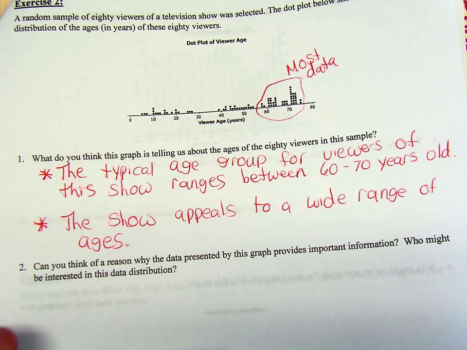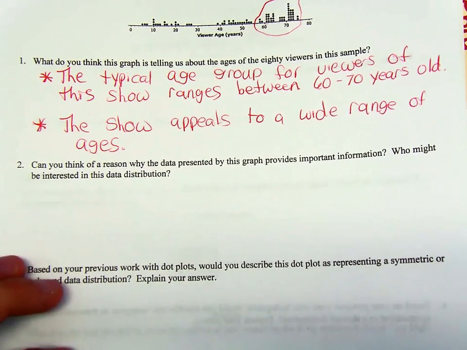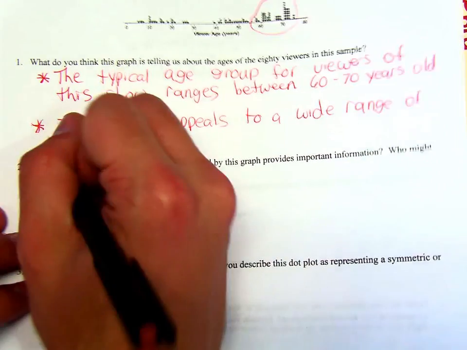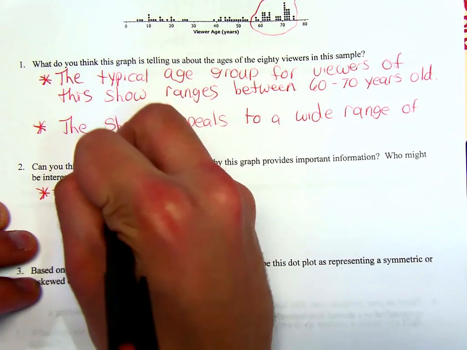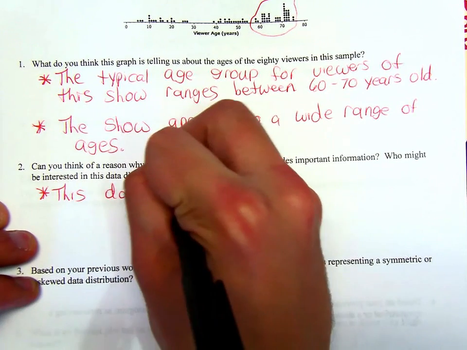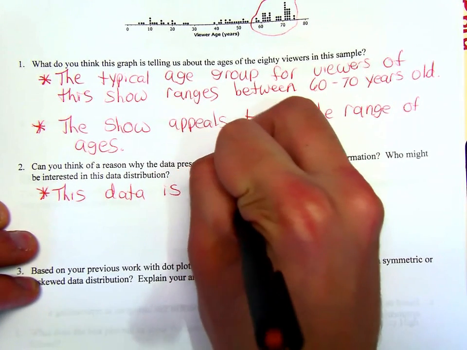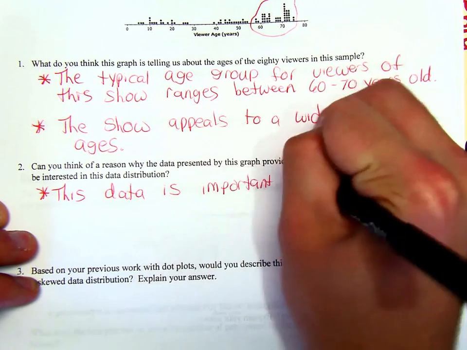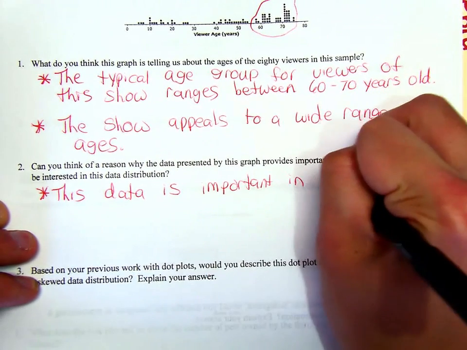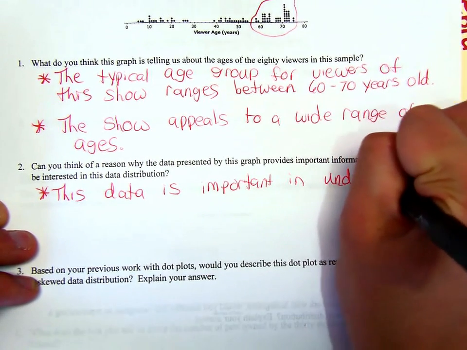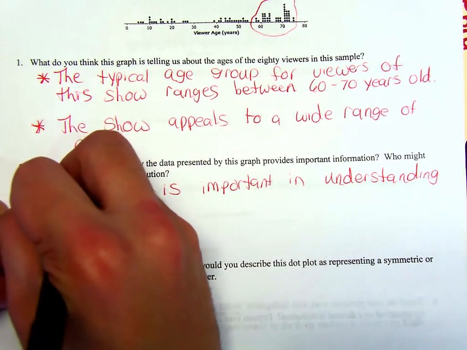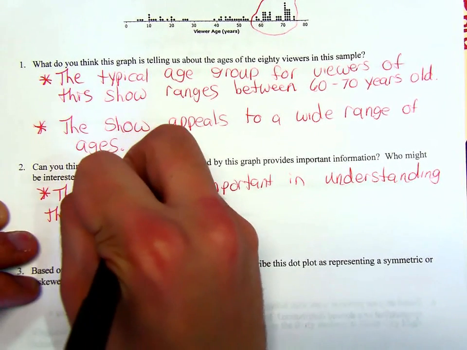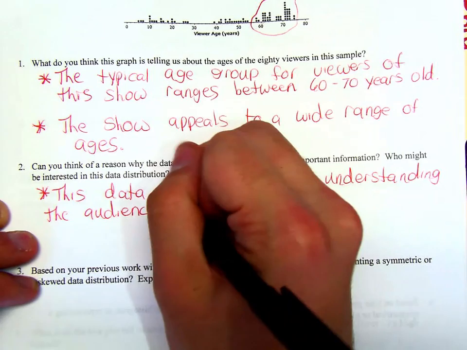So let's look at this. What are some important information that we could come up with? We could say that, first off, this data is important in understanding the audience of the show.